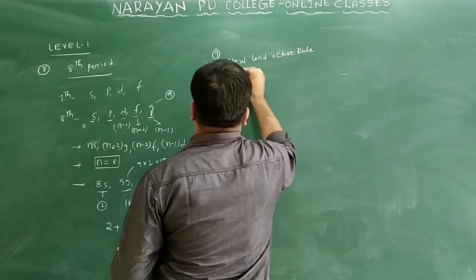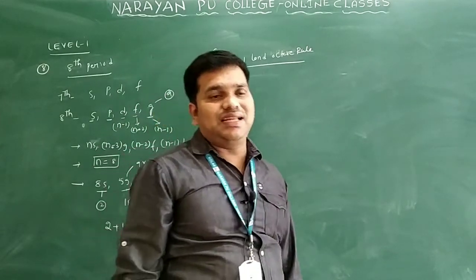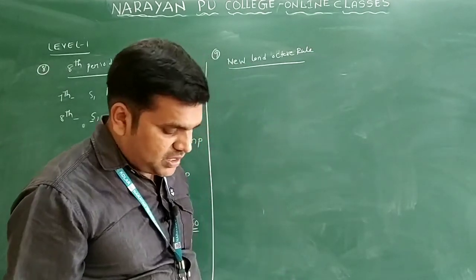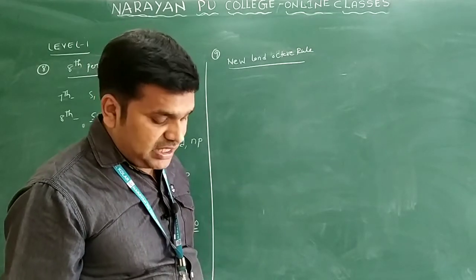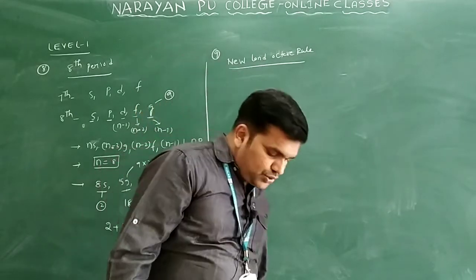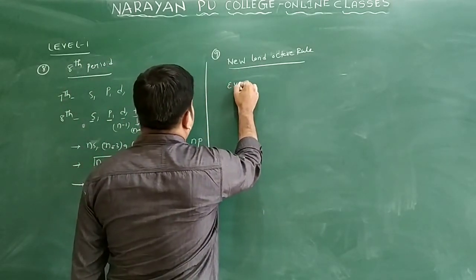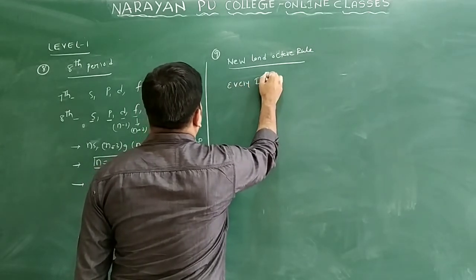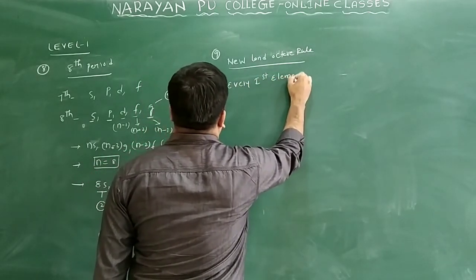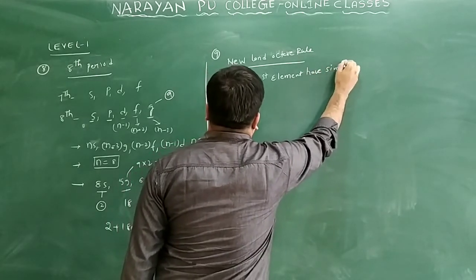So what is Newland octave rule? If the elements are arranged in increasing order of atomic weights, every first element has similar properties with the 8th element only. This is called Newland concept of octaves.